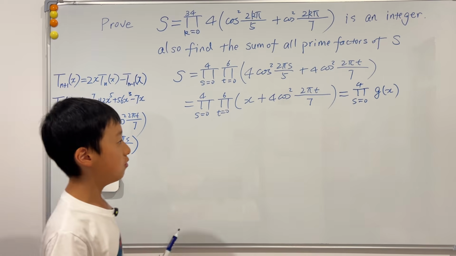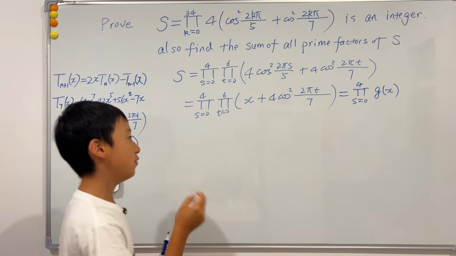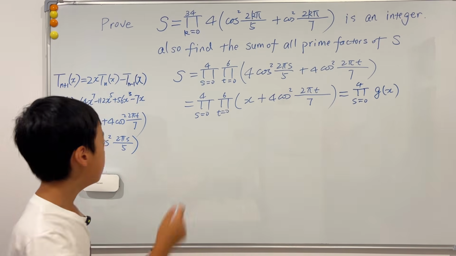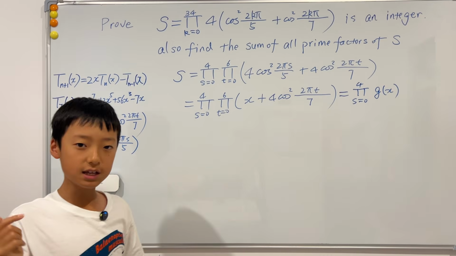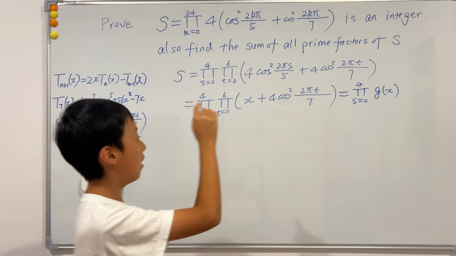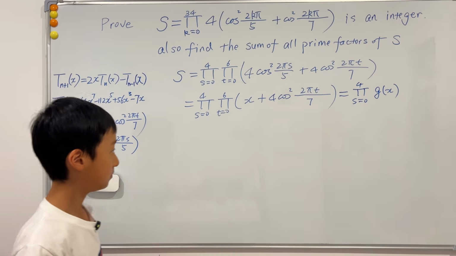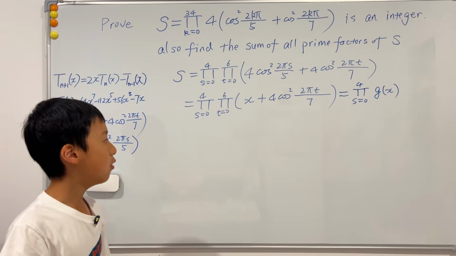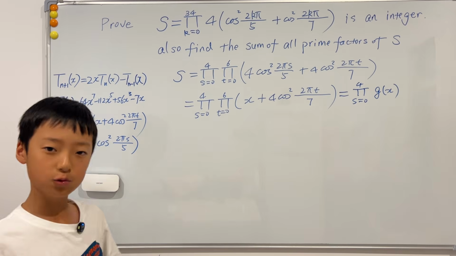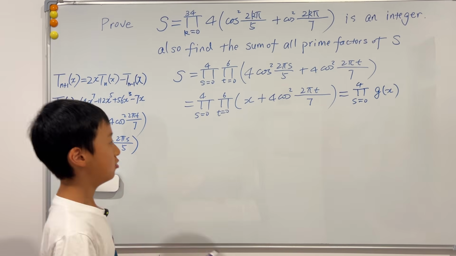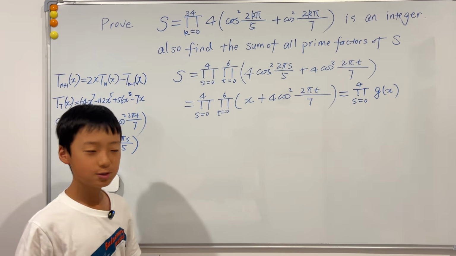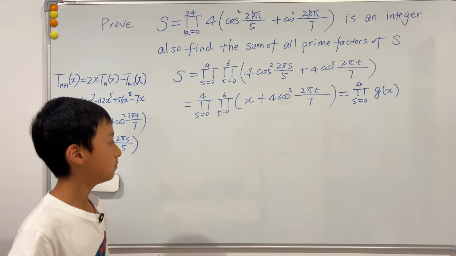So today our goal in this video is to find this g of x, which has roots of -4 cosine squared of 2 pi t over 7. Finding a polynomial with roots of -4 cosine squared 2 pi t over 7 seems sort of complicated, right?